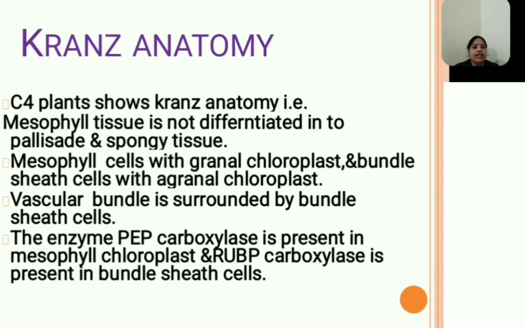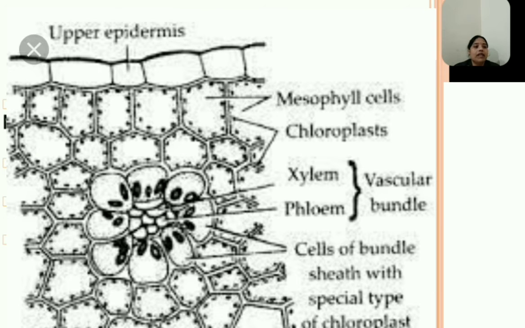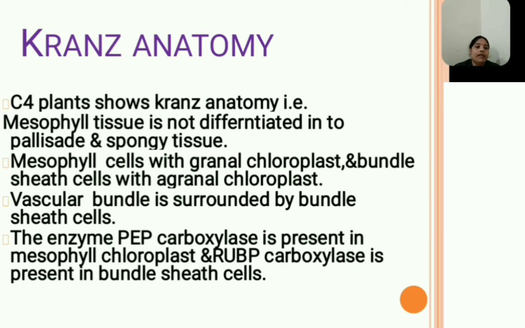Bundle sheath cells are radially arranged, and the chloroplast is agranal, meaning without grana, bigger in size and fewer in number. The enzyme is Rubisco, present in the bundle sheath chloroplast.